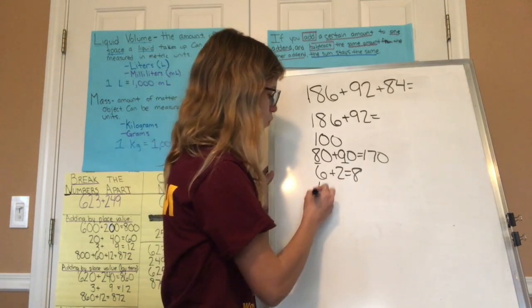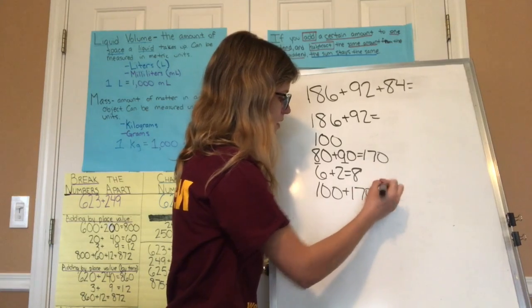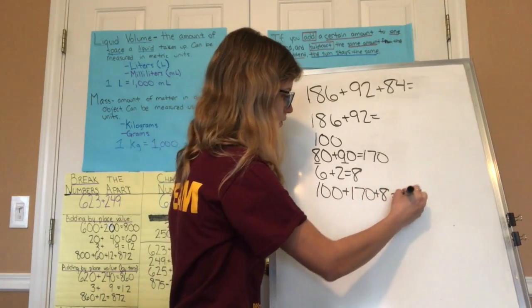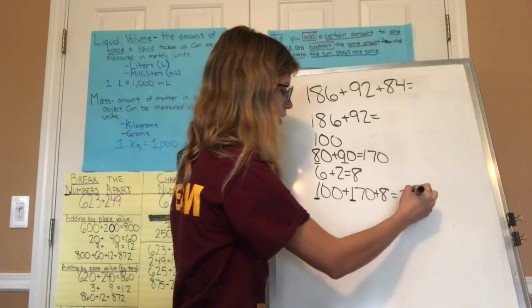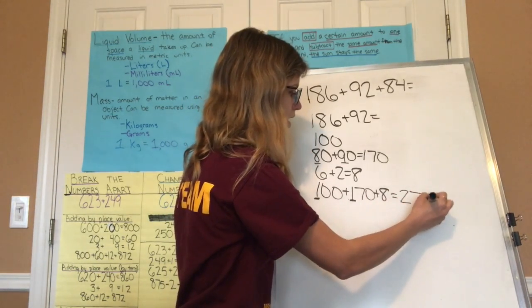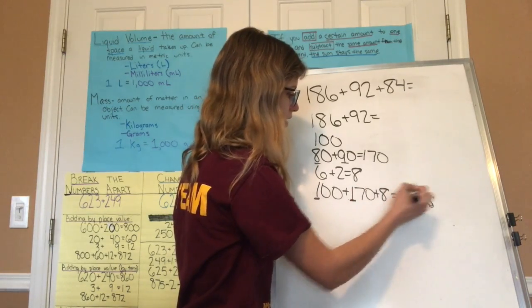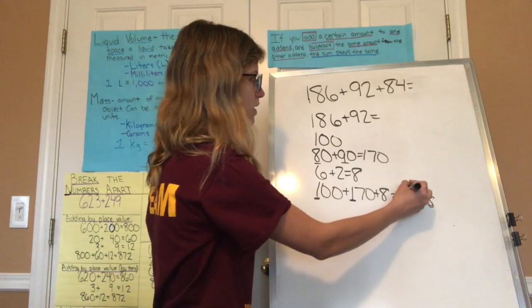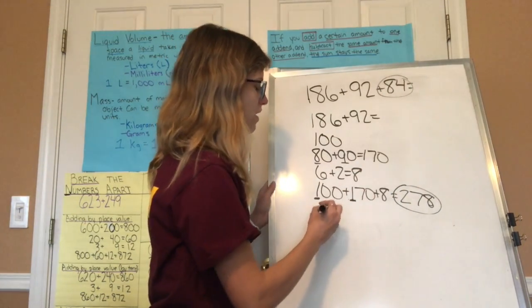So now I need to add 100 plus 170 plus 8. So I would have 200, because this 100 needs to get added to my hundreds place, plus 70, 278. Now I need to take 278 and add it with my third addend.